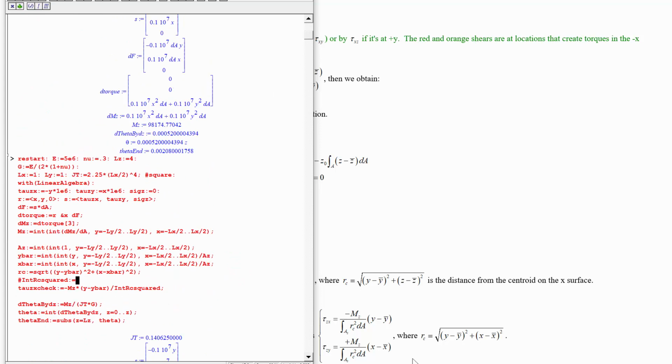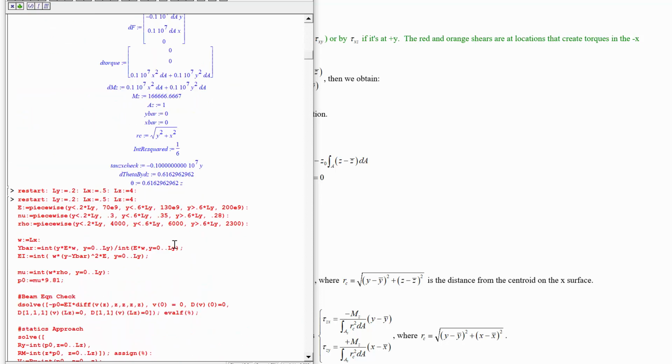So we can say that the integral of that over the surface is going to be the same as these integral formulas, except we're not going to take an average. We're not dividing by the area. And what we're going to integrate is RC squared, right? That's what we wanted for this integral RC squared. Yeah, we wrote squared in the name. That's good. So next, how do we do for that?